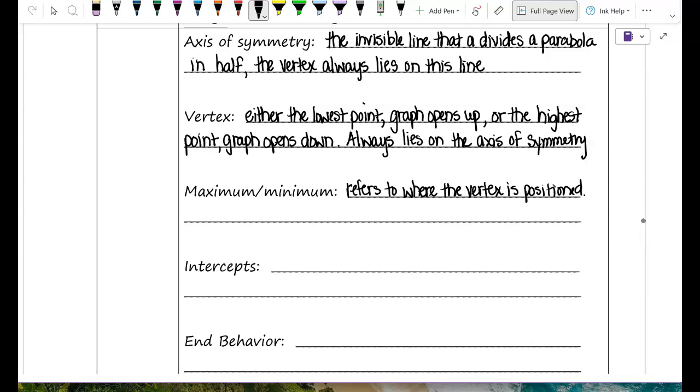Maximum when the vertex is at the top of the graph. Minimum when the vertex is at the bottom of the graph.